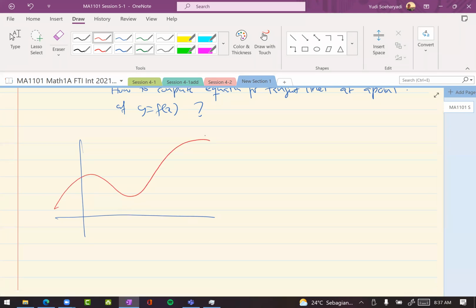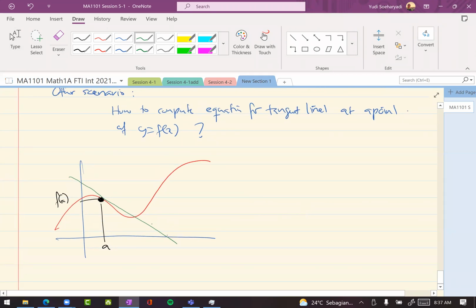Okay, so for example, you have this one. For example, at this point. All right, so the tangent line, that should be something that looks like this one. Okay, so what's the equation for this line? This tangent line.